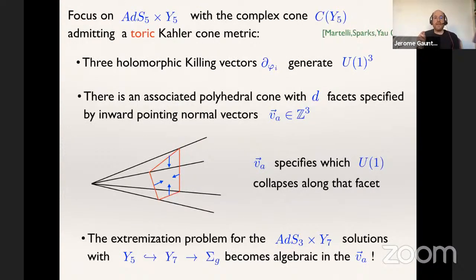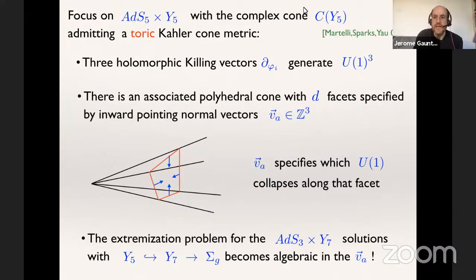We also want to make things algebraically tractable. So now let's assume that Y5, the starting four-dimensional object dual to a four-dimensional field theory, has a complex cone, the Calabi-Yau, with a toric Kähler cone metric. What does this mean?